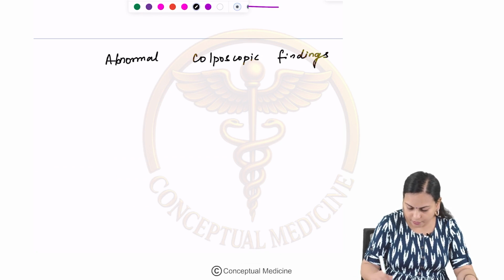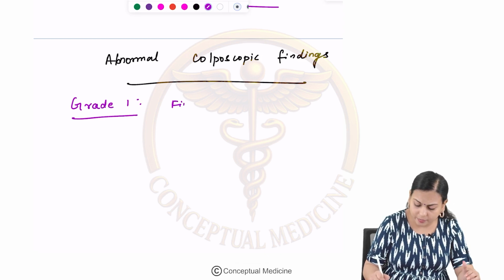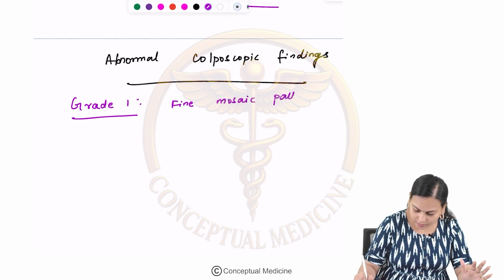Abnormal colposcopic findings. First one is grade 1, where it can be a fine mosaic pattern or a fine punctuation also.